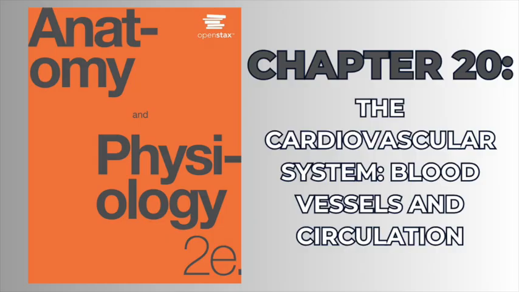The remaining 7% of blood flow is in the heart. Figure 20.9 Distribution of blood flow.